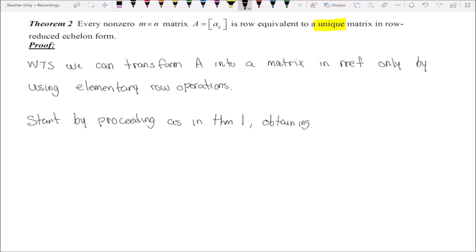We obtain, let's call it, a matrix H that is in REF and row equivalent to A. So the first step in this procedure is to use the previous procedure to put it into REF.